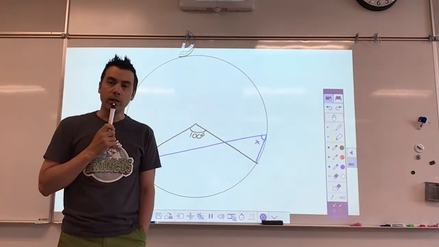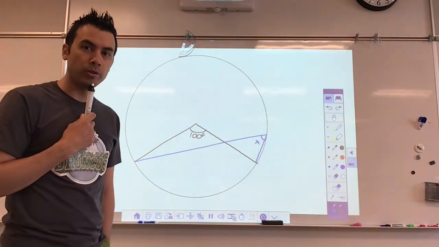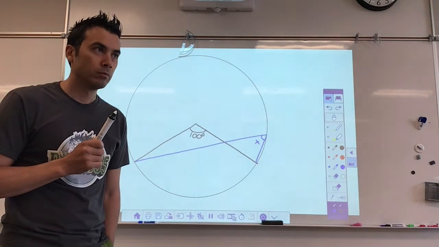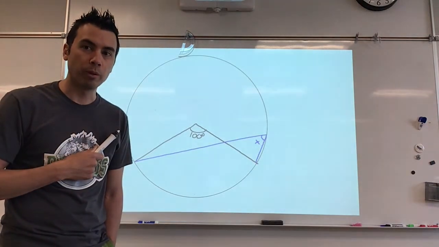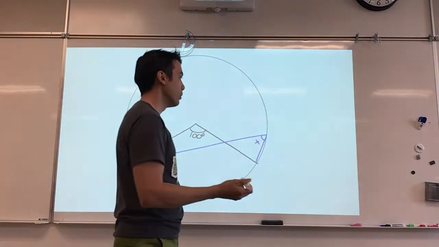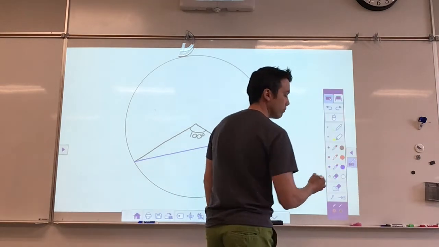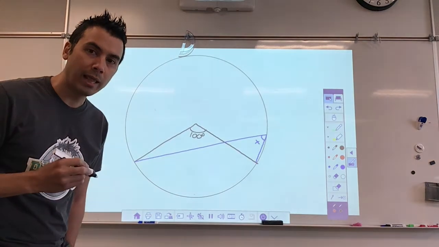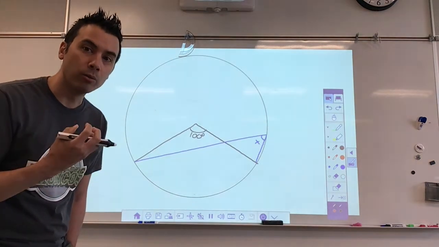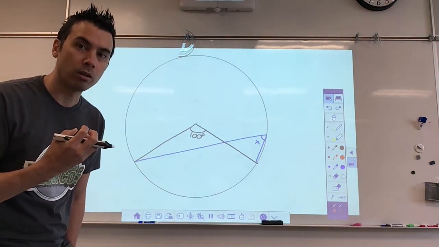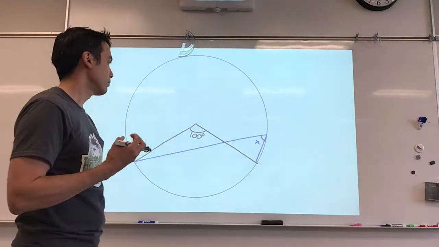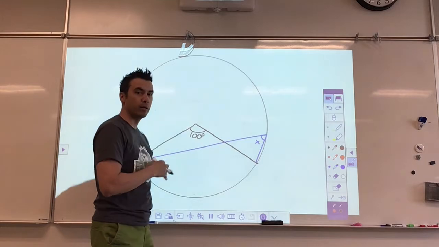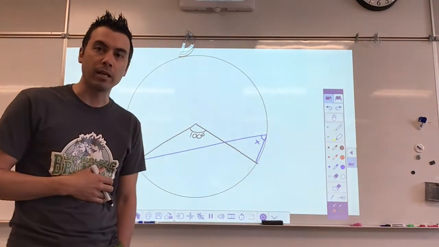So one thing that I like to do in circle geometry is I like to use a highlighter. And if I don't have a highlighter, you can do this with a pencil too, or maybe a pen of a different color. I like to either highlight or somehow bring out the important arc in this circle that is being subtended by this angle.